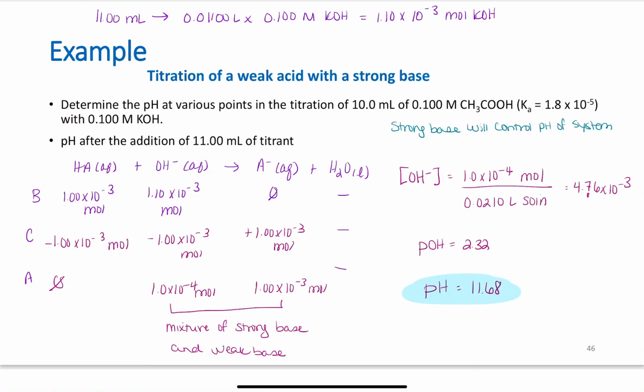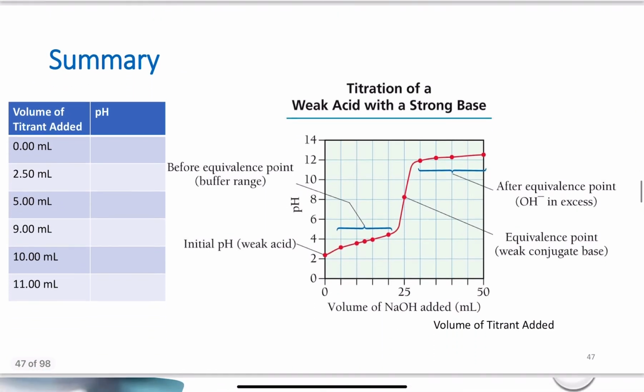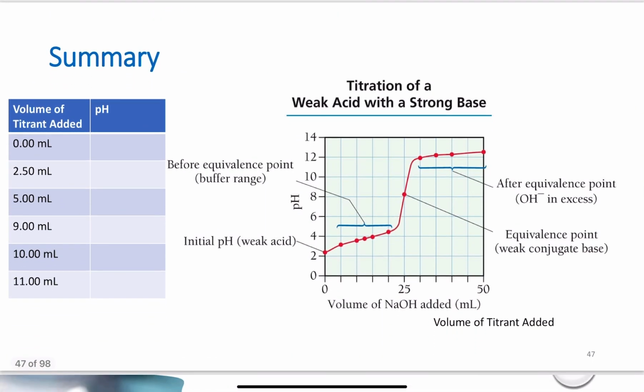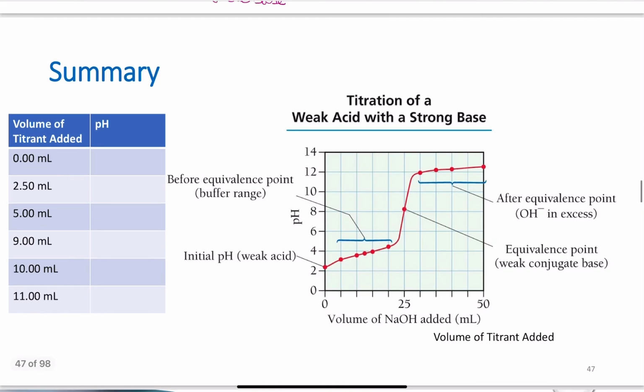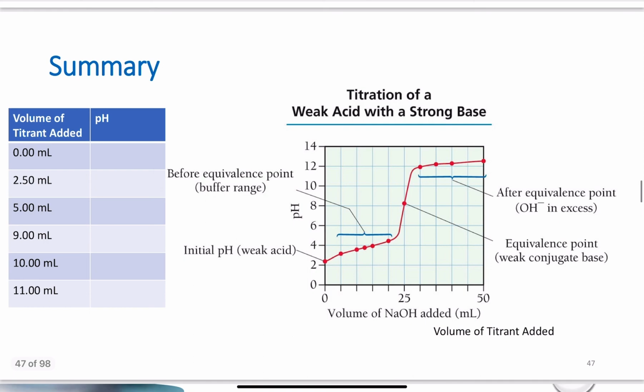Now let's summarize our findings. So if we titrate a weak acid with a strong base, again, this graph is just a general representation of it. It's not exactly the same numbers we have because we didn't do the exact calculations on this slide. But for the system we did have, at 0 mL, I saw a pH of 2.87. So this was just HA. At 2.5 mL, I had 4.26.